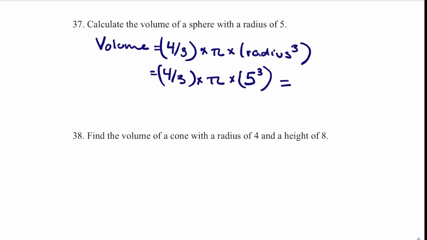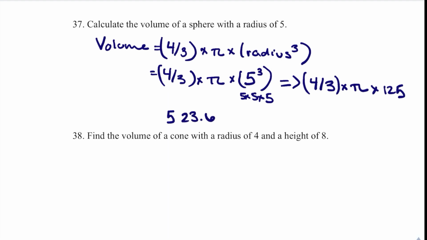And this is then going to go to 4/3 times pi times 125, because this is 5 times 5 times 5. It's 125. And if we plug this into our calculator, we are going to get 523.6 cubic units.